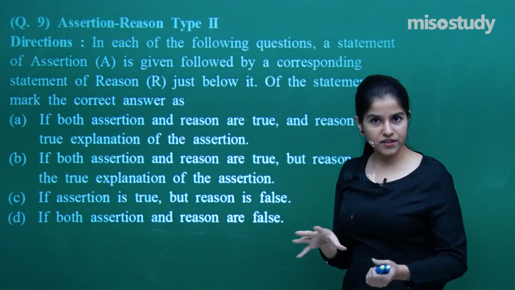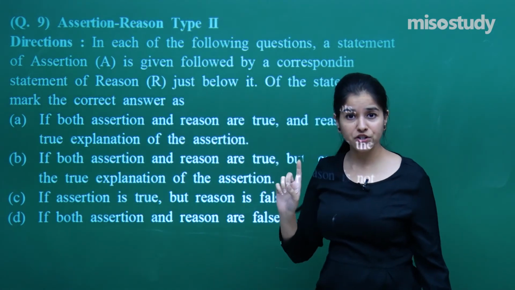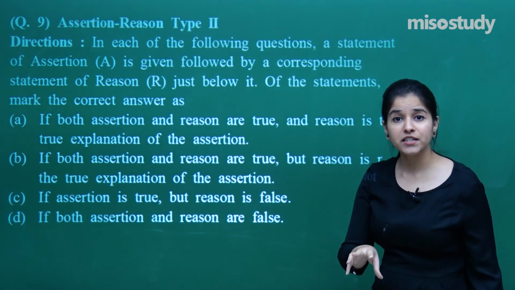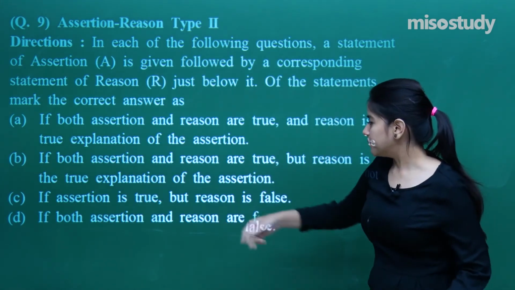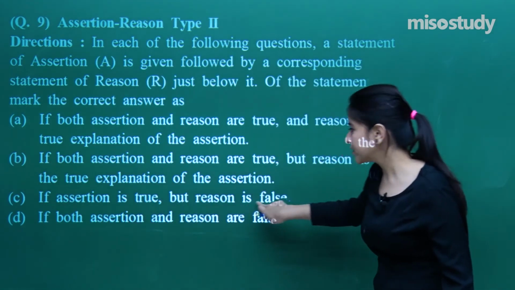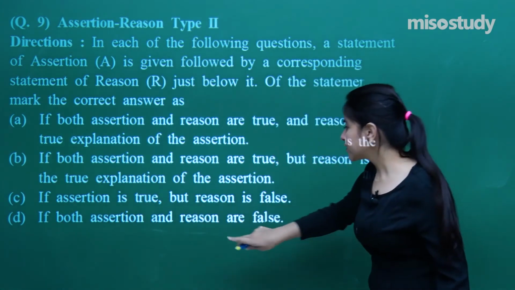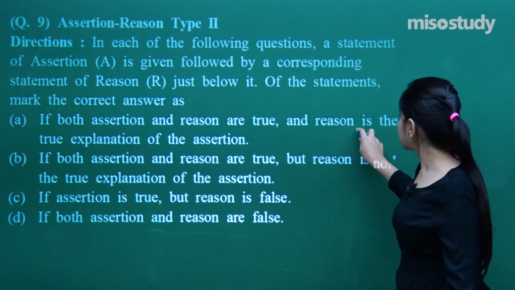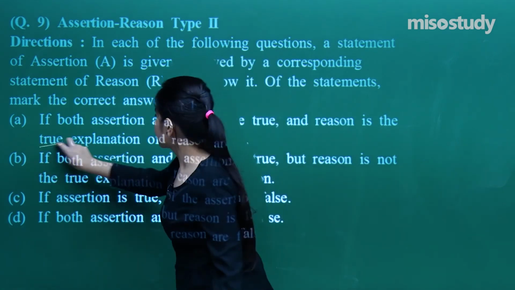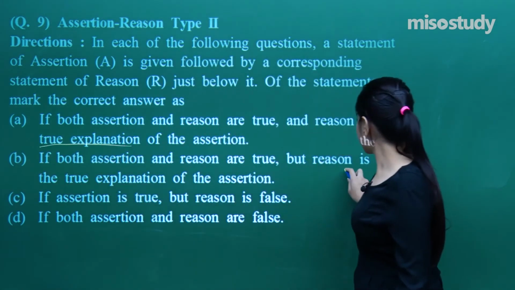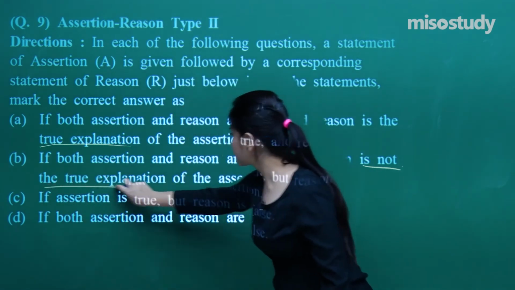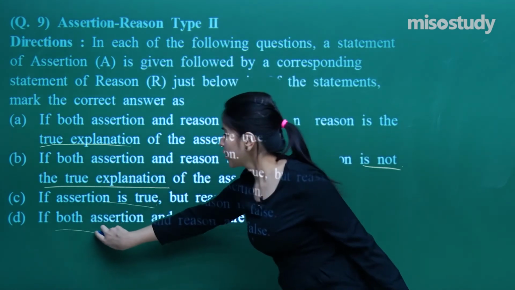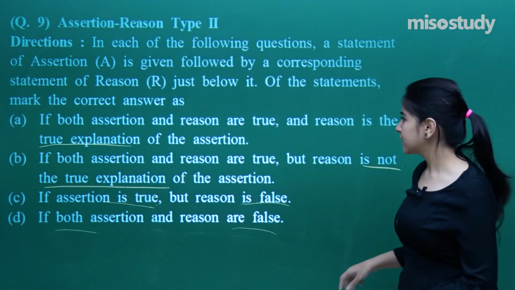If both the assertion and reason are true and the reason is the correct explanation, then we mark A. If both are true, but reason is not the correct explanation, then we mark B. If assertion is true but reason is not true, or if assertion and reason both are false, we mark our options accordingly. So that is what we need here.